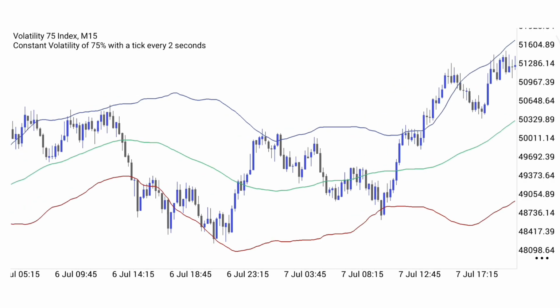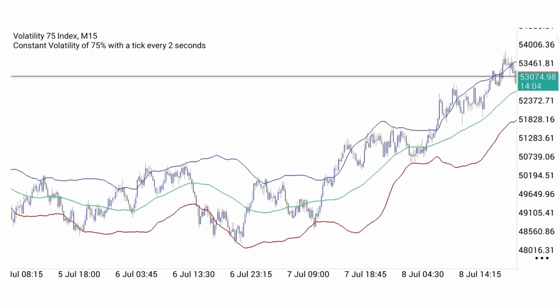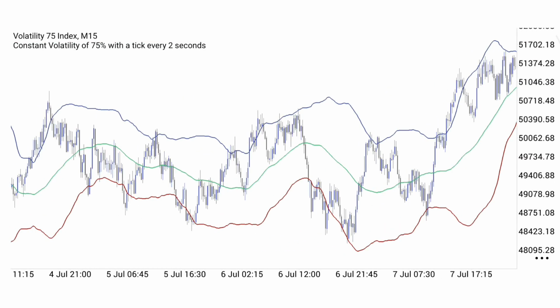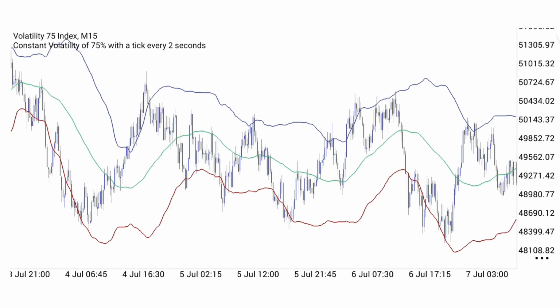Alright, so with this Bollinger Band, you can see the difference between the Bollinger Bands and the moving average is that they move in a flow, they move like a river. You know, when you are trading with the moving average line, you will see the lines cross over each other, but this one, they don't cross over each other. They are just flowing and flowing.